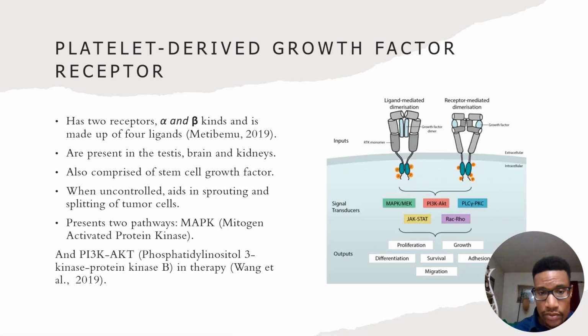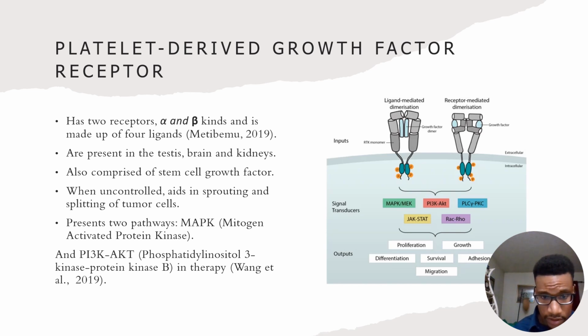Okay, let's talk about the platelet-derived growth factor receptor. The platelet-derived growth factor receptor has two receptors, which are alpha and beta kinases, and is made up of 4 ligands. They are present in the testes, the brain, and the kidneys.